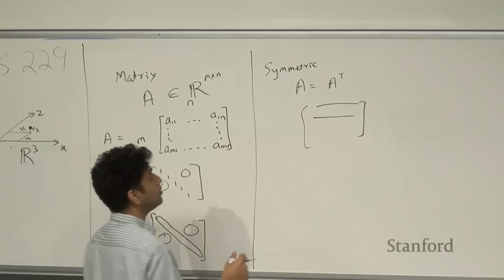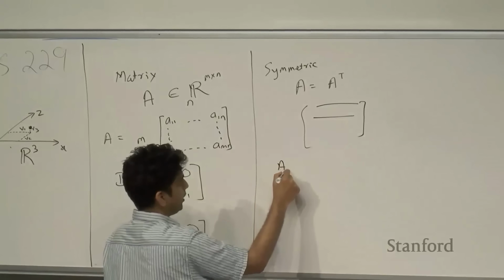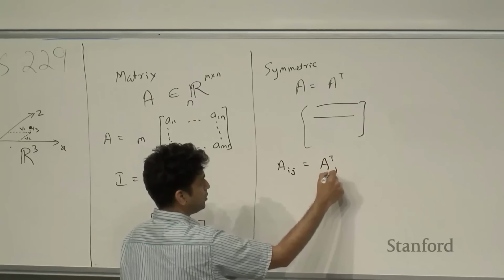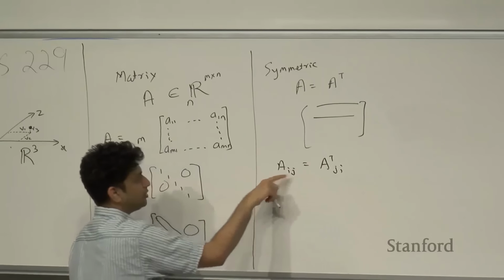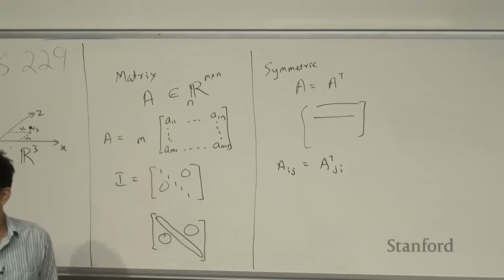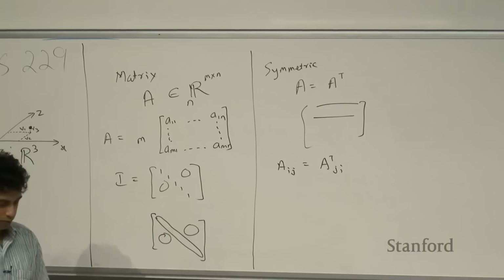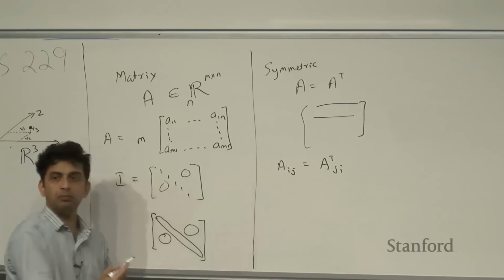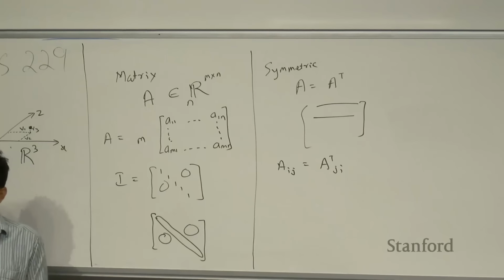The property the transpose satisfies is that Aij equals A transpose ji. Here, i and j are the row and column indices of a given matrix. When you transpose it, the row number becomes the column number, and the column number becomes the row number.